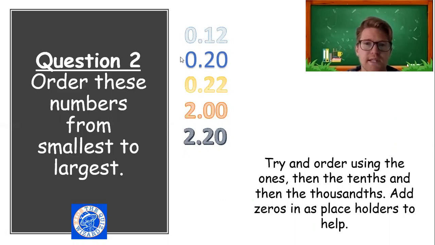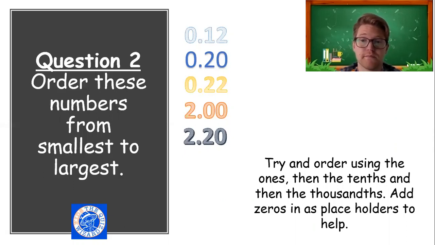So all of our numbers with zeros, 0.12 only has 1/10, so that's smaller than 0.20 because that has 2/10. 0.20 is smaller than 0.22 because although they have the same number of tenths, 0.20 has less hundredths.